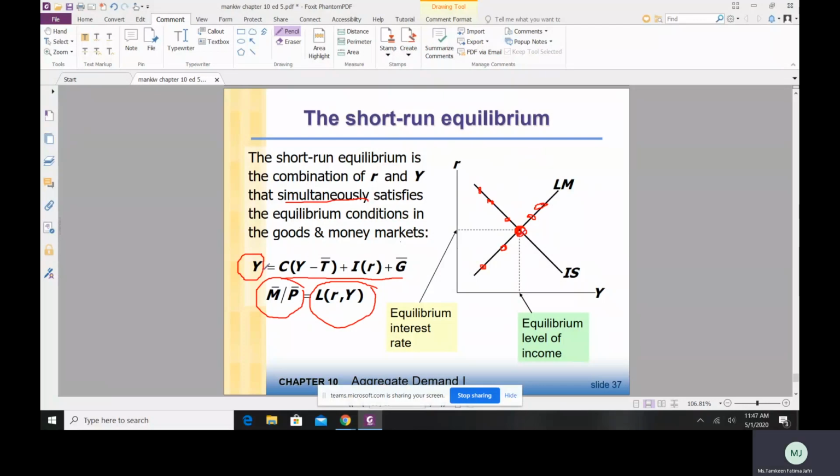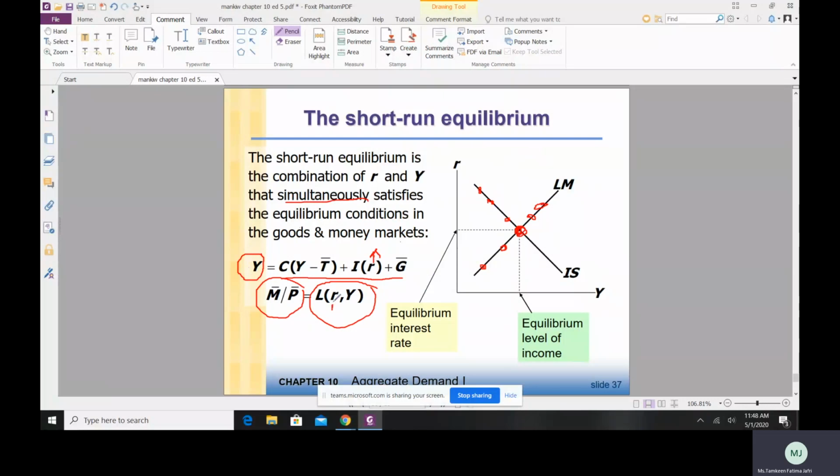As a quick revision, why is the IS curve downward sloping? When R increases, investment decreases, so as a result Y will decrease. So the final result is that an increase in R reduces Y, hence the negatively sloping IS curve. Why is the LM curve positively sloping?